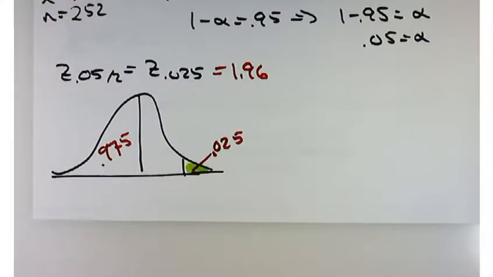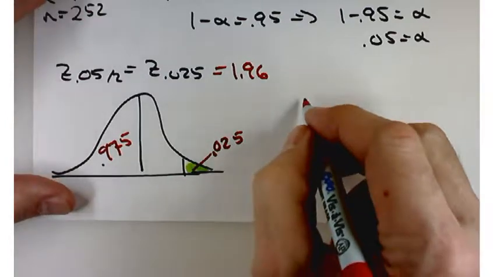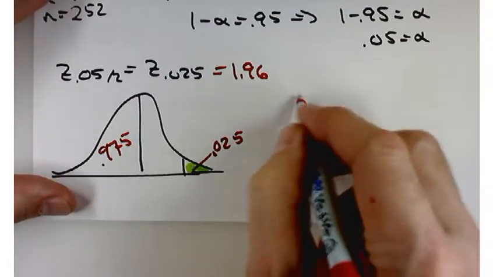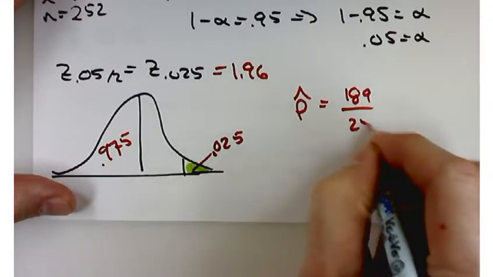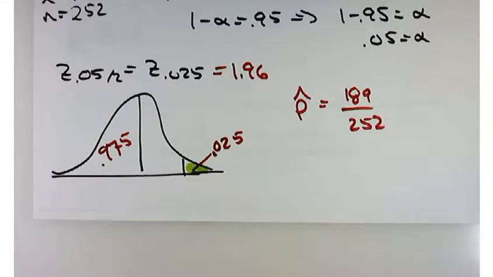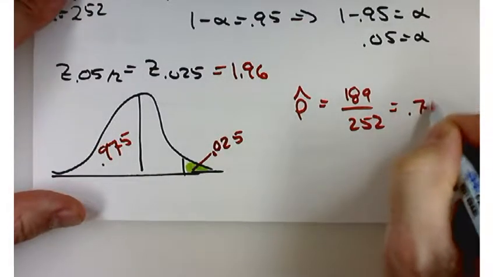Let's calculate a couple other things here. I need p hat, which is going to be 189 over 252. Wow, that's exactly 0.75.